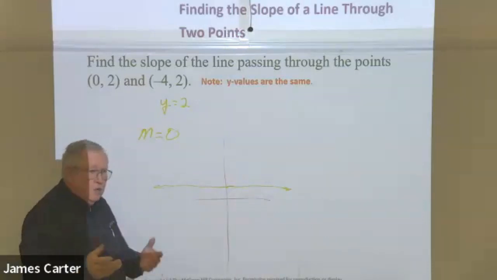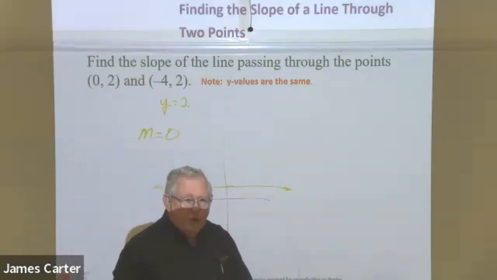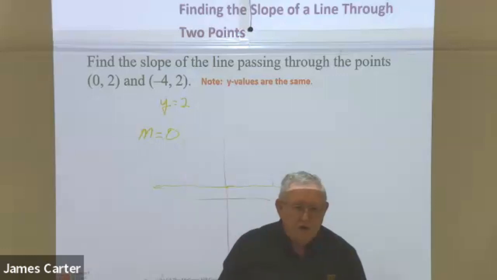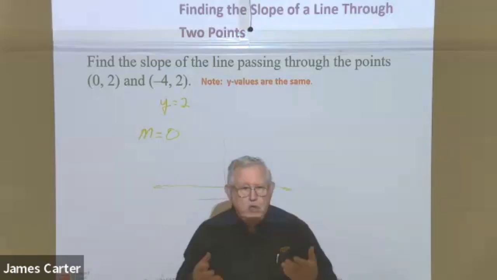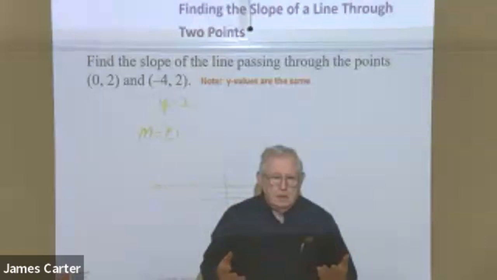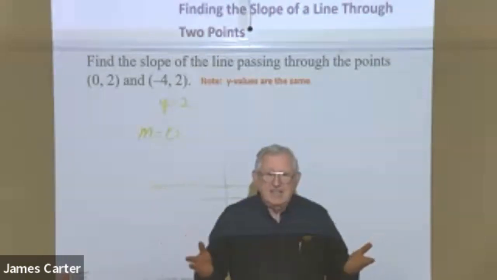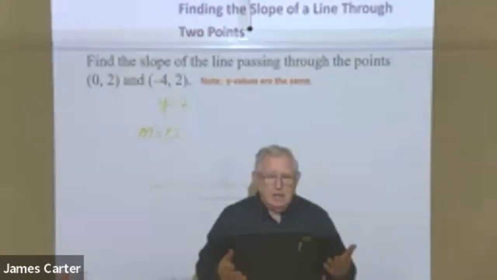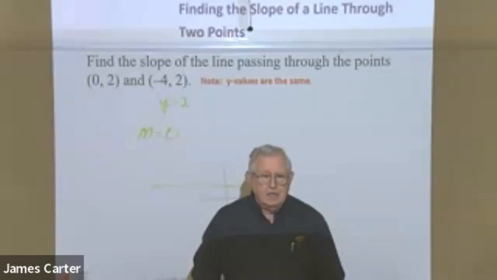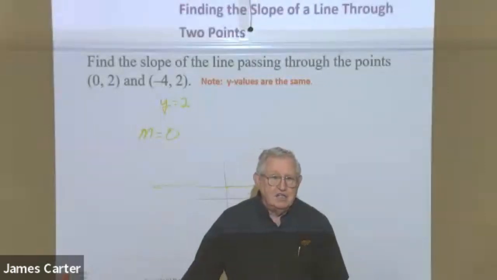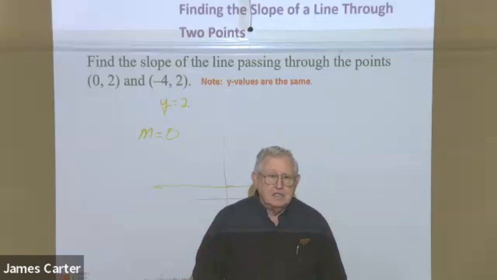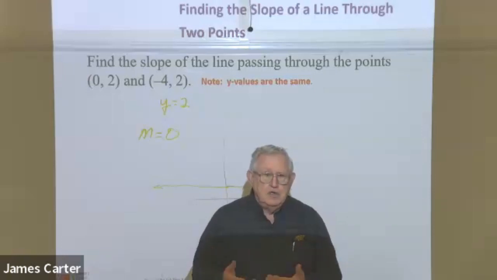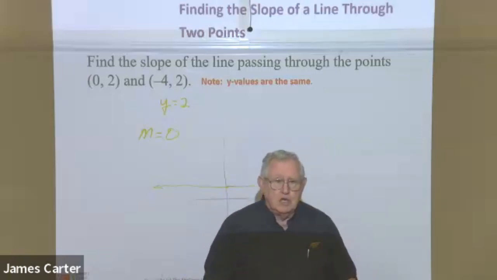Now, there's something I don't want you to do. I don't want you to ever use the phrase "no slope." That doesn't mean anything. It could be confusing. Are you meaning that there is undefined slope, or do you mean it has 0 slope? So we do not use the phrase "no slope."